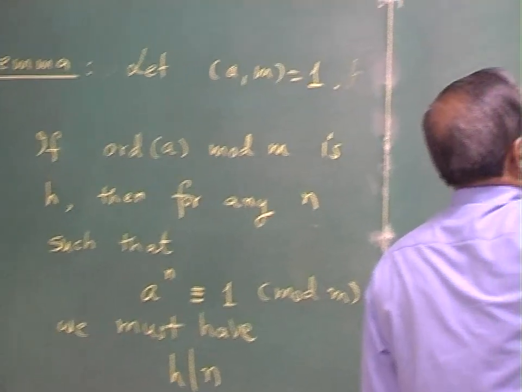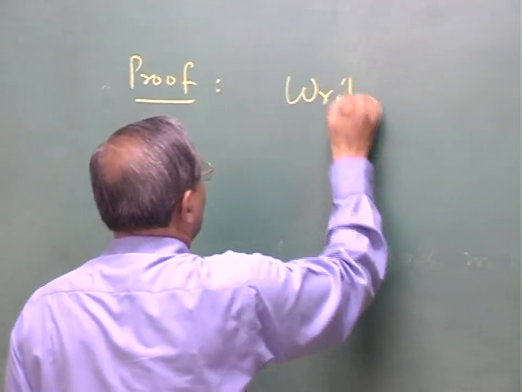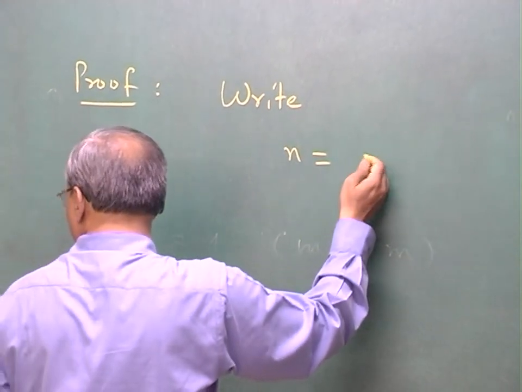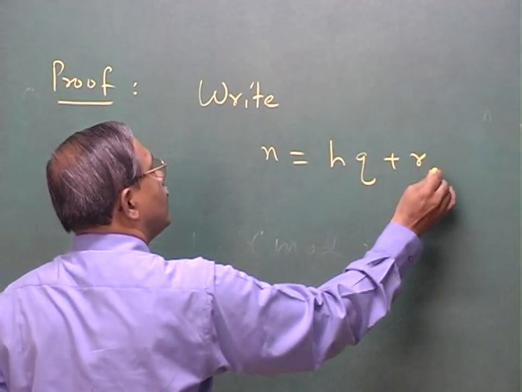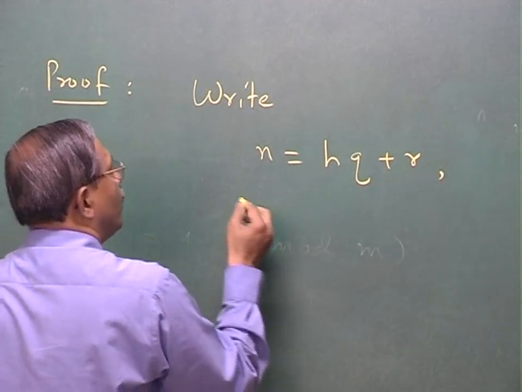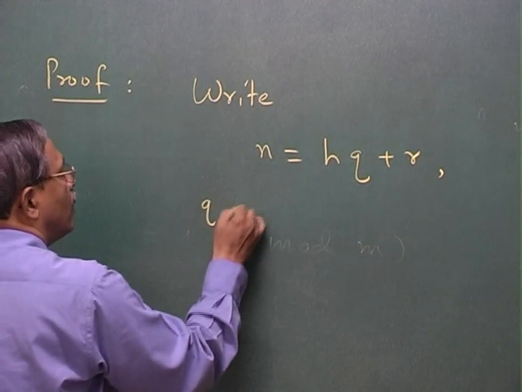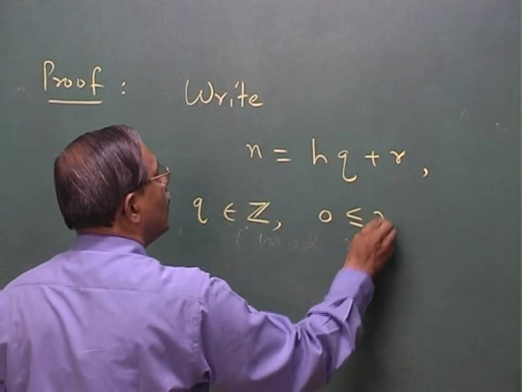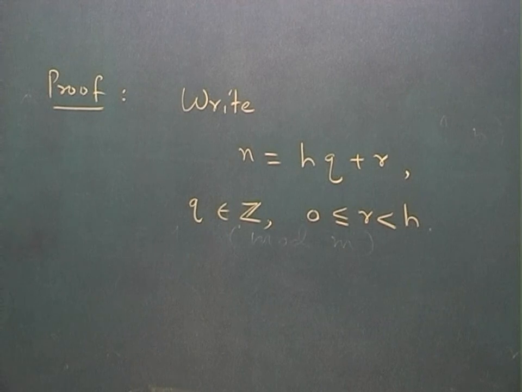Proof: n equals h times q plus r, where q is the quotient and r is the remainder, with 0 less than or equal to r less than h.